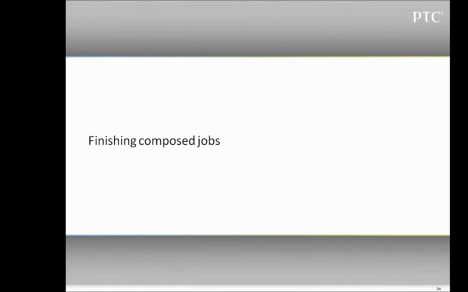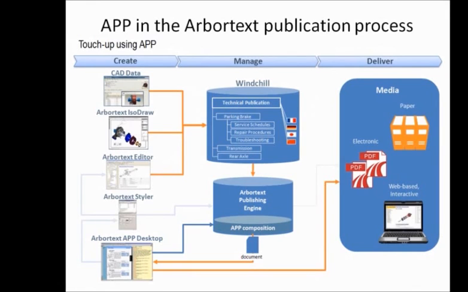One final option worth noting, you can touch up composed jobs. So during a general Arbortext process, the composition would be automated. It would be an automatic routine to compose that document and to generate the output.